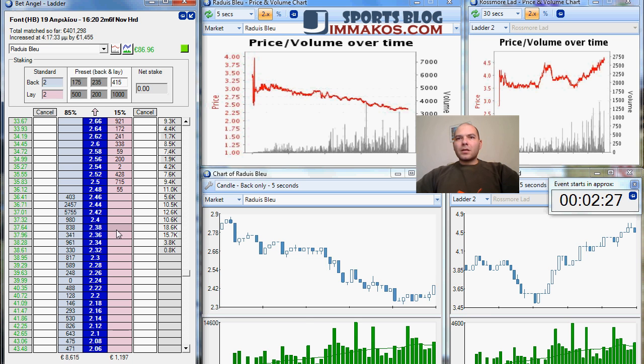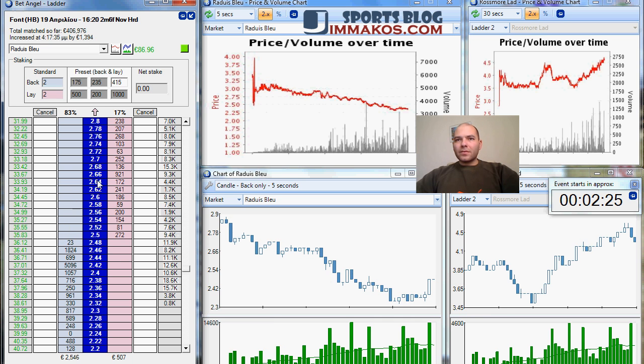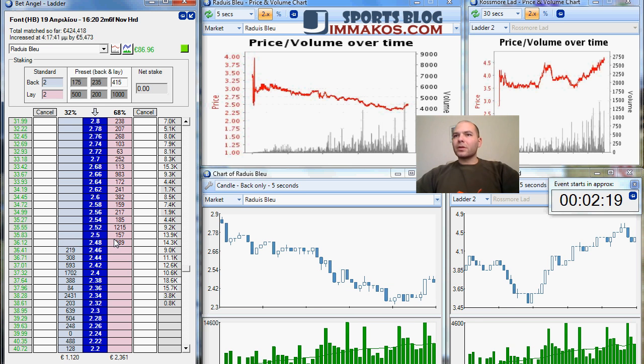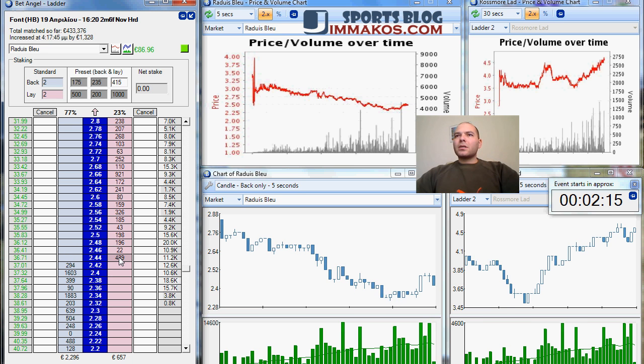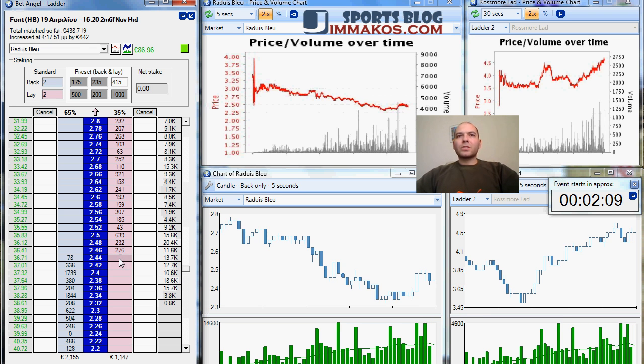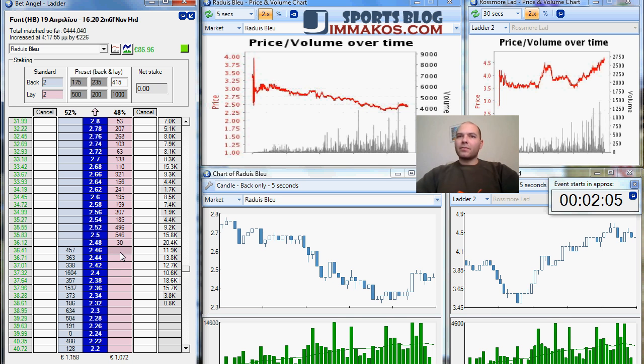we see that there is a major support level at 2.32, 34, somewhere around there. And in the Betfair graph, there is a failed bottom, which is more obvious in the candlestick graph. So I'm going upwards now. I'm going to try laying first and backing second.